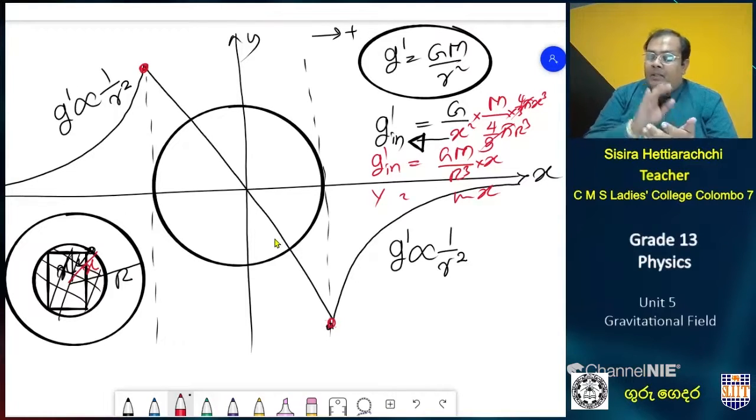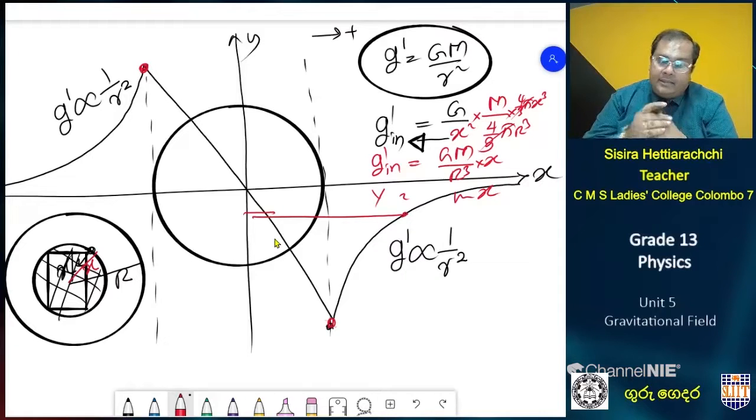Finally, we know field intensity means force acting on a unit mass. Force acting on unit mass is equal to gravitational acceleration. And you can see here, we can always find 2 points which have the same acceleration. Inside of the earth 1 point, outside of the earth another point.